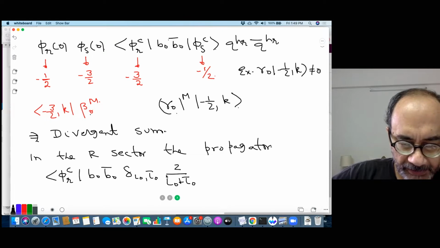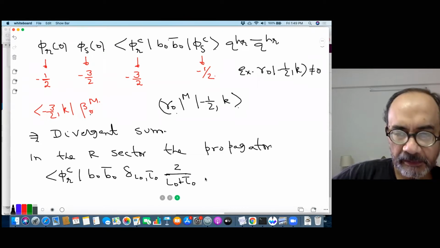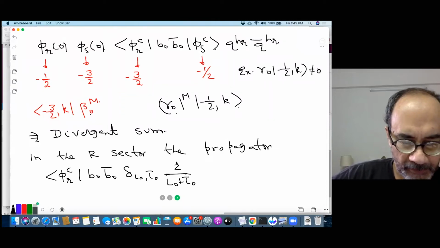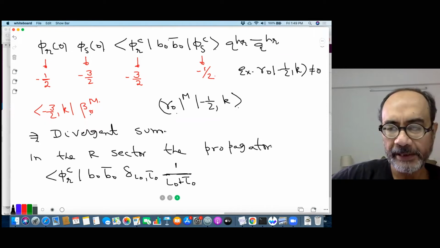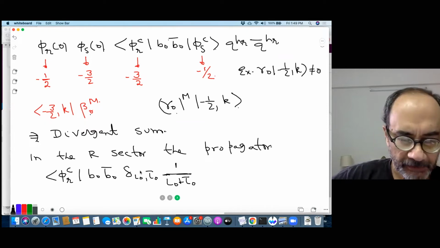I think we had something like this. No, I think propagator we had 1 over L0 plus L0 bar. Sorry. Or did you have a 2? Maybe we had a 2 because dq bar gave a 2. It doesn't matter, I'll leave this to you to figure out.